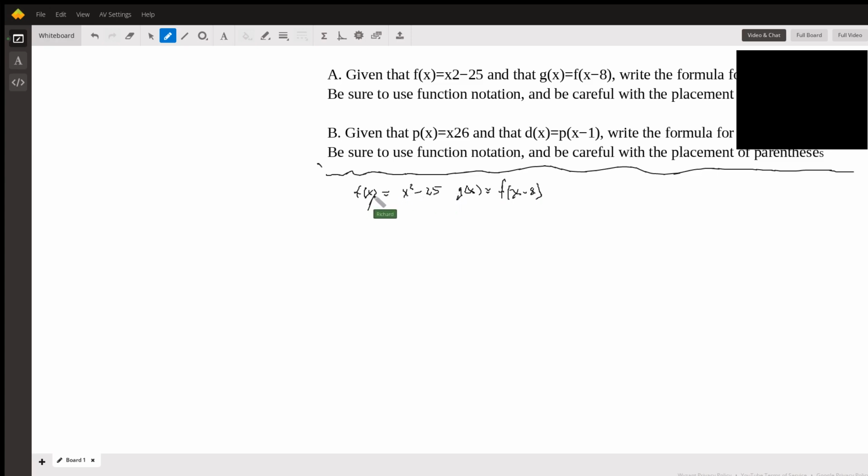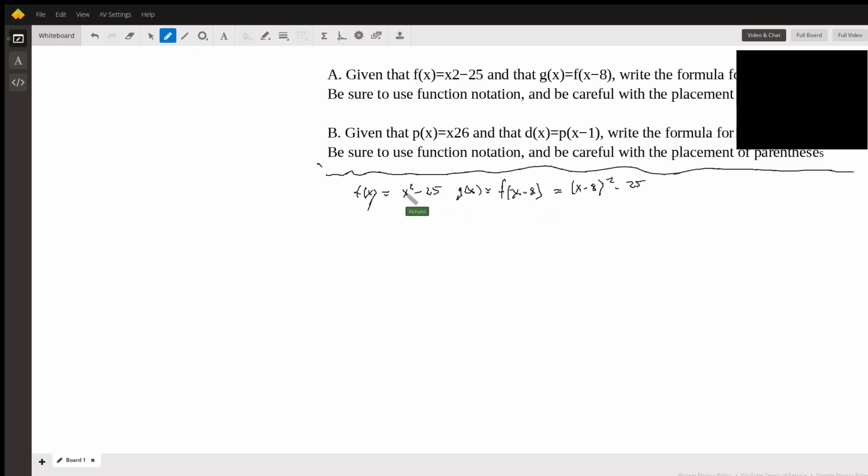Everywhere you find x in the parent function here, we're going to replace it with x minus 8 in the child function. So this is nothing more than x minus 8 squared minus 25.